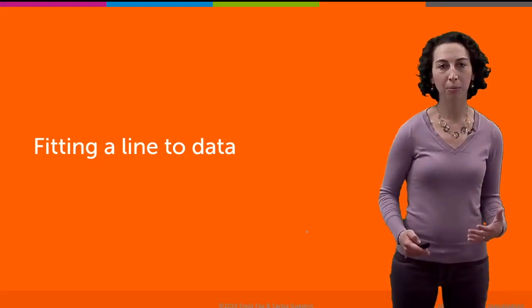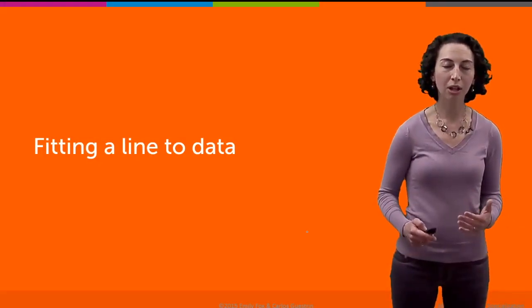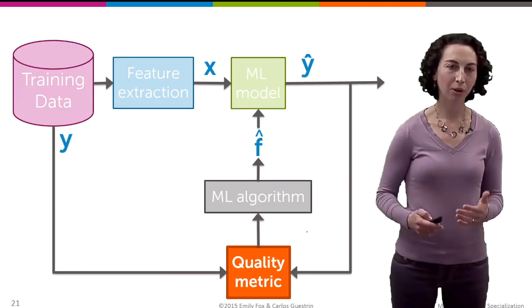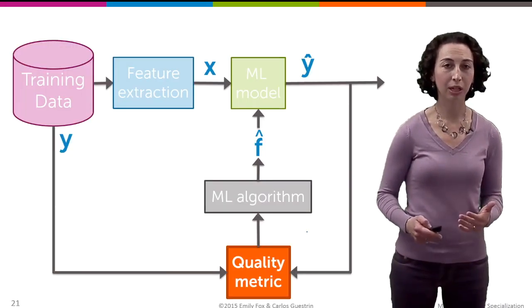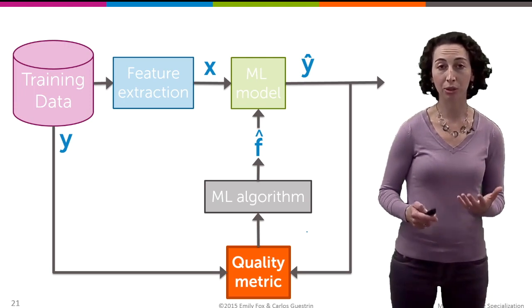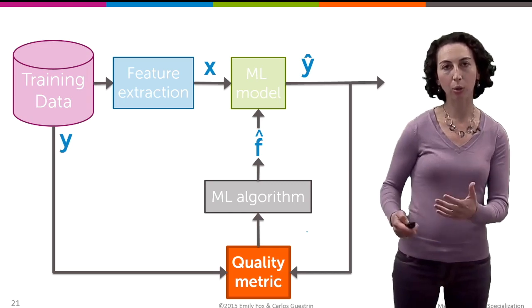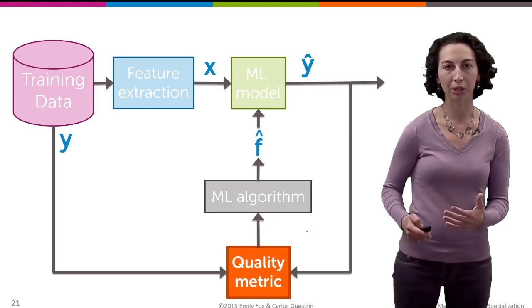Okay, well, working with the simple linear regression model, let's talk about how we're going to fit a line to data. But before we talk about specific algorithms for fitting, we need to talk about how we're going to measure the quality of a fit. So we're going to talk about this orange box here, which is this quality metric.